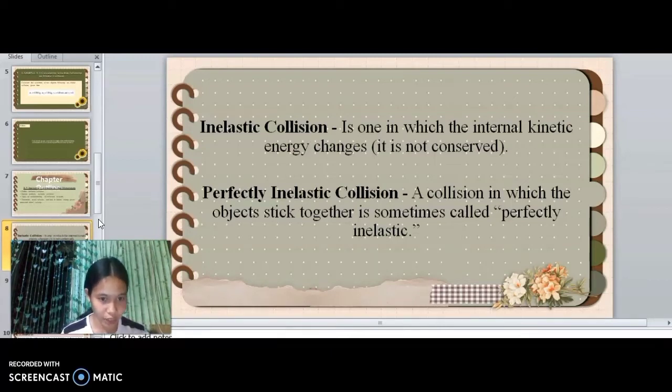It is not conserved. So, a perfectly inelastic collision is a collision in which the objects stick together. We say it is perfectly inelastic when the two objects stick together perfectly. So, that is perfectly inelastic collision.